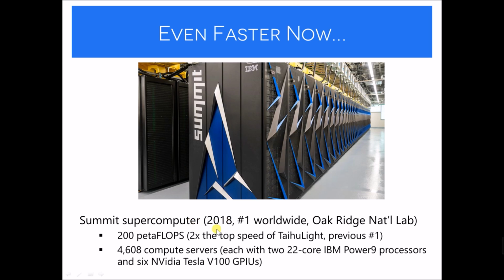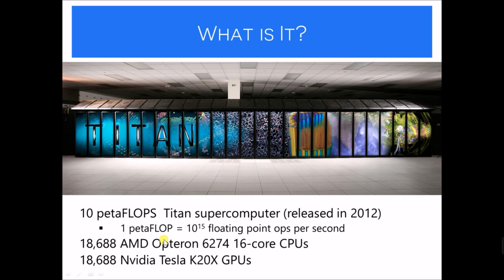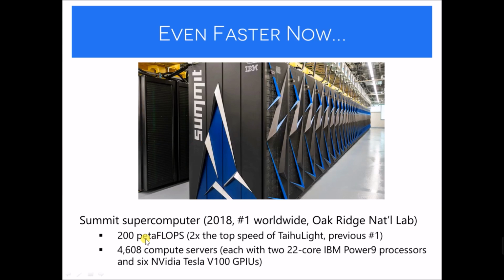But now I'm happy to report that in 2018, the US has captured the crown of supercomputing again with the Summit supercomputer, which is also at the Oak Ridge National Lab. It was number 1 in 2018, still is, I think. And this could do 200 petaflops. Remember, the other one could do 10. This one can do 200, like 20 times more.